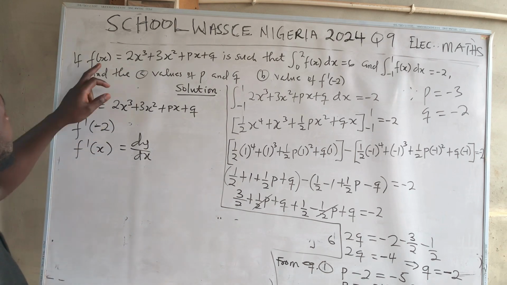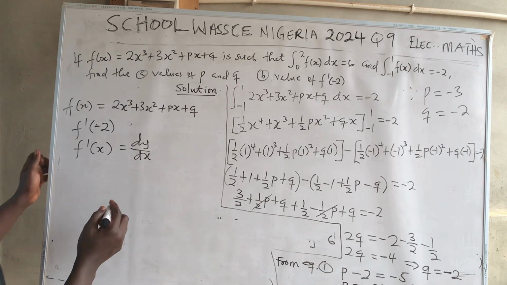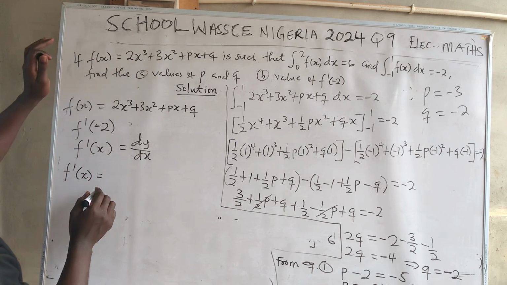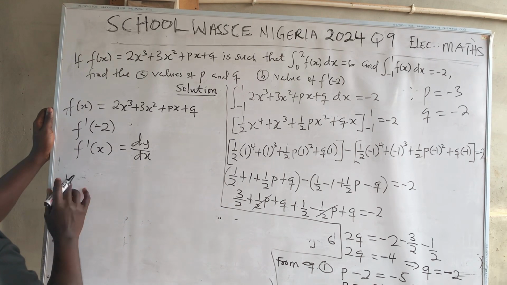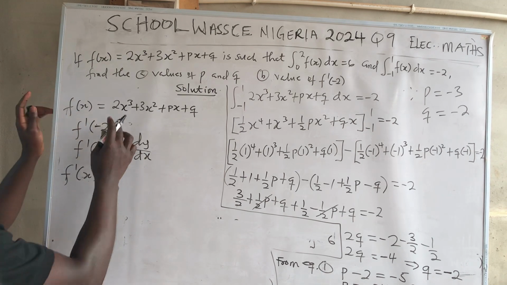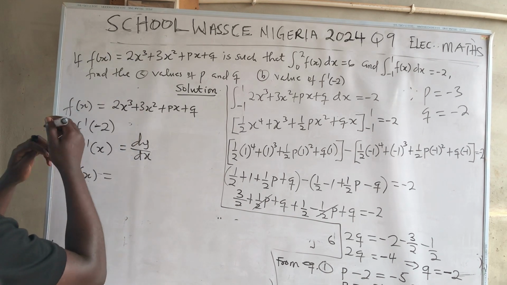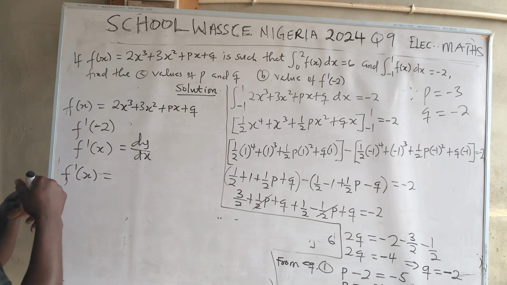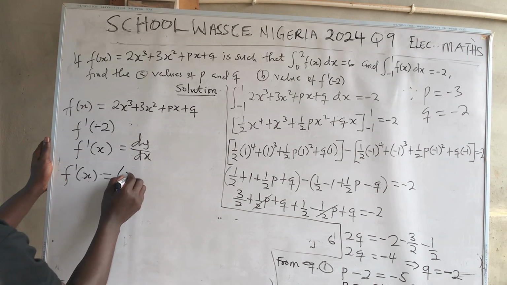So what is our function? Our function is here. If I want to find f prime of x, we multiply the 3 by this 2 and subtract 1 from the exponent. That is differentiation. So 3 times 2 gives us 6, minus 1.